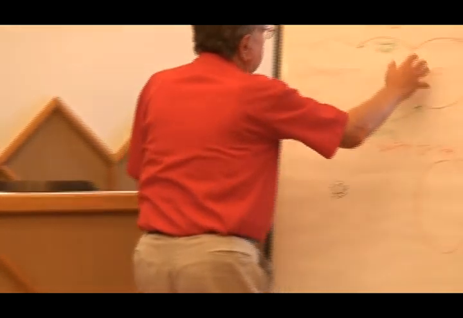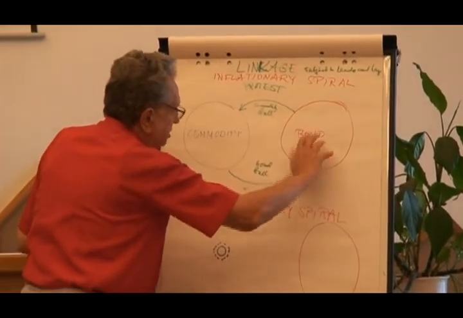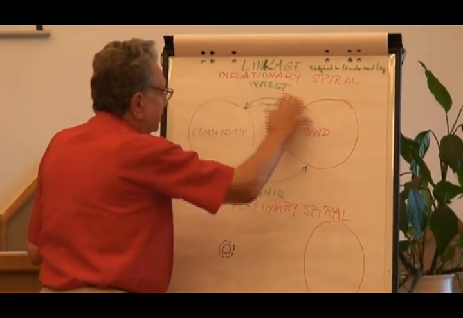Because it gives you a firm ground to explain a very large part of economics. And this is the oscillating flows between the bonds and commodity market.